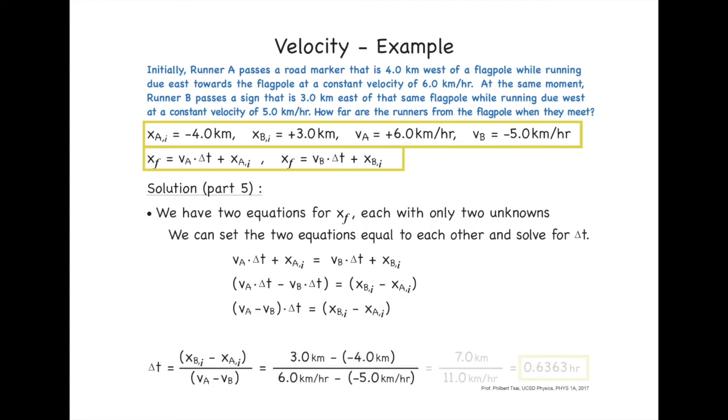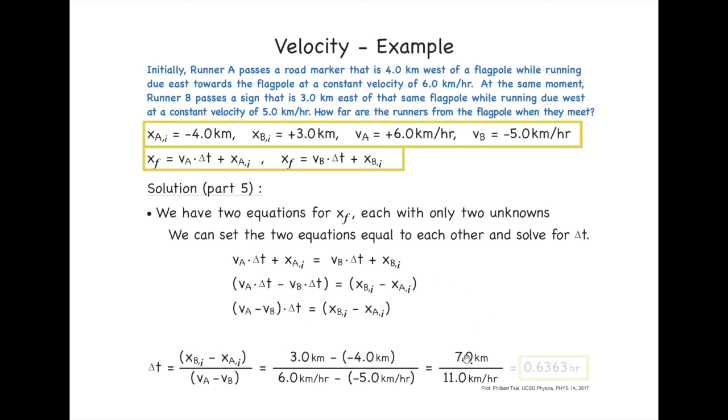Right? So we plug in the known values for the starting positions and for the velocities of the two runners. Plug in, we don't even need a calculator for this, 3 minus minus 4 is 7, 6 minus minus 5. Remember, you have to keep track of the minus signs because of the different directions that they're running and the different starting positions relative to what we call the origin, which is the flagpole.